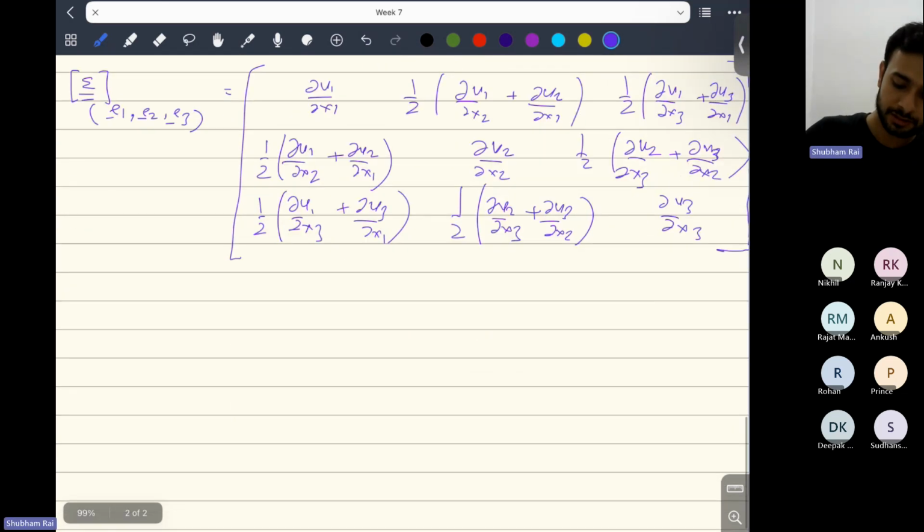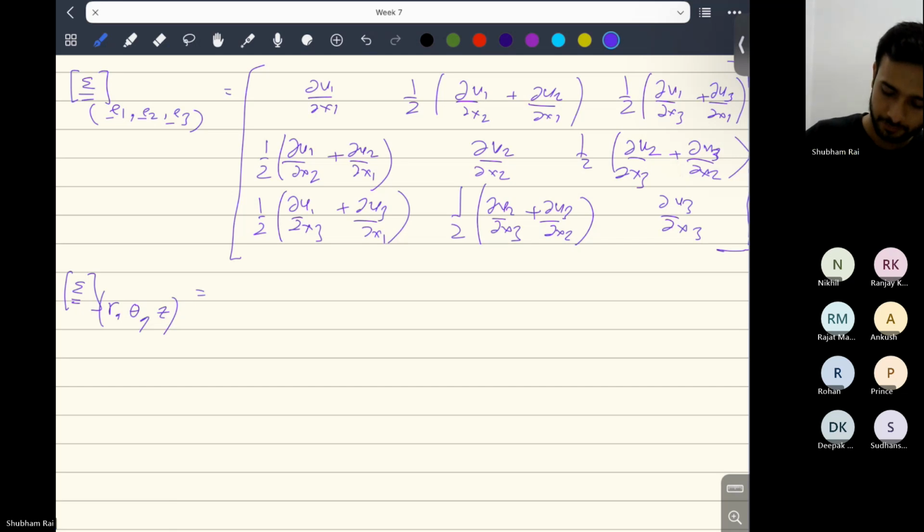Now if you try to write it in the cylindrical coordinate system, you will have the strain tensor in the r theta z coordinates. You can also add er e theta ez. Here you have the first term, which is del u r by del r. So this is in the radial direction.